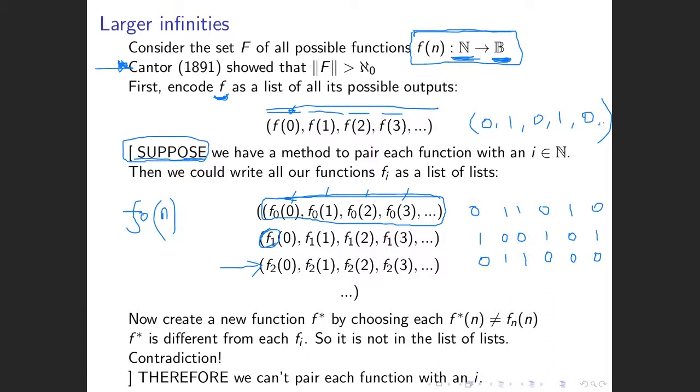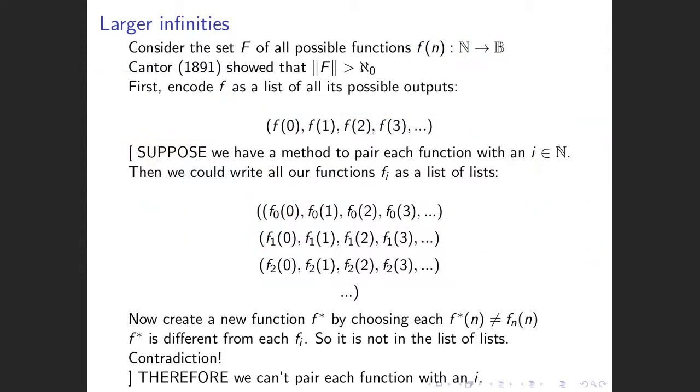So suppose we have a method that actually does pair each function with an integer, so a natural number. Okay, if that assumption is true, then we can write all our functions in a big list like this. Here's the 0th function, here's the first one, here's the second one. And each of those functions has a definition of what are all its outputs for different natural numbers. Does that make sense?